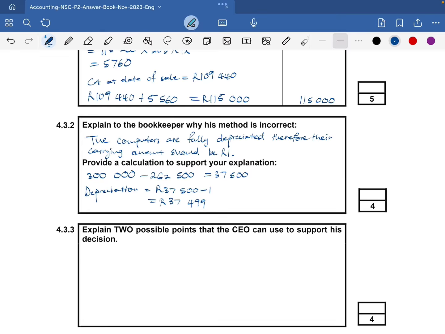Remember that the carrying amount, or the carrying value, when we opened on the 1st of March was 37,500, but now it needs to fully depreciate. We are going to take this whole 37,500, but we also need to keep in mind that the carrying amount cannot be 0. It can only be at 1 rand. So for the carrying amount at the end to be 1 rand, we are going to subtract the rest as depreciation. That is why the 37,499 is our depreciation, because we want this 1 rand to remain as part of our carrying value. Okay, hope that was nice and clear.